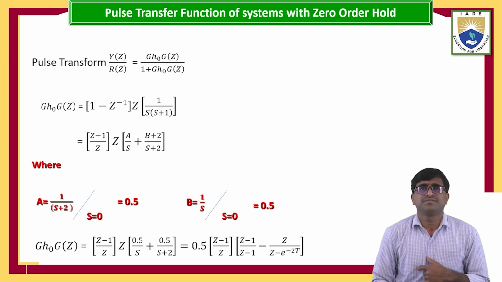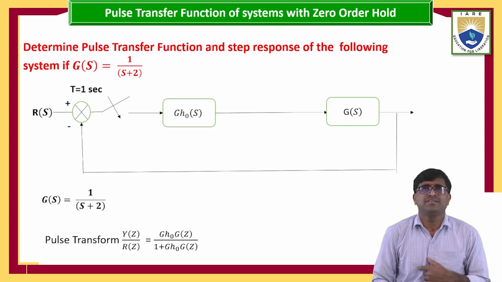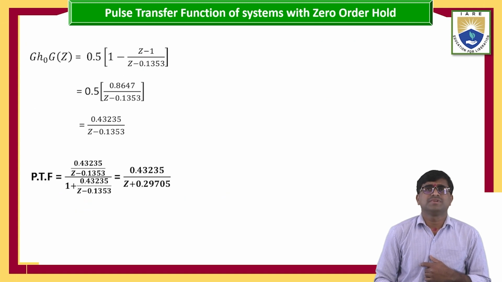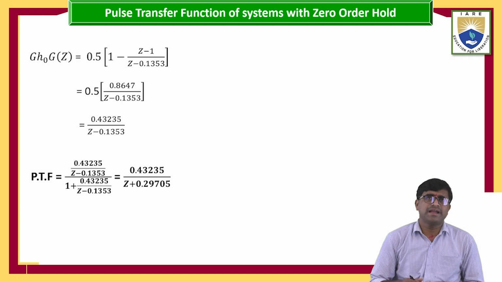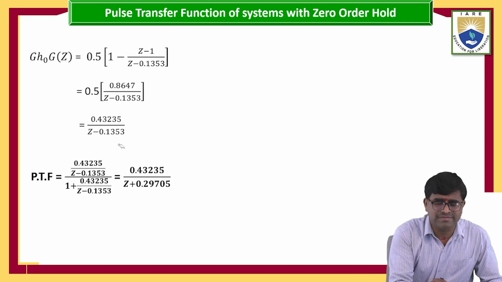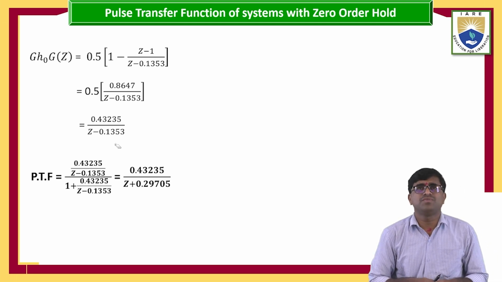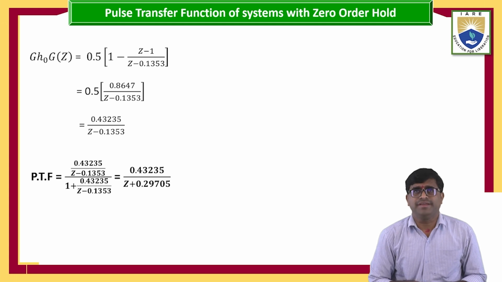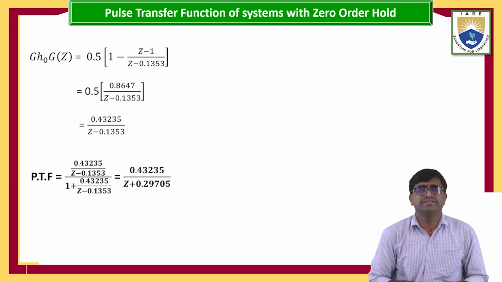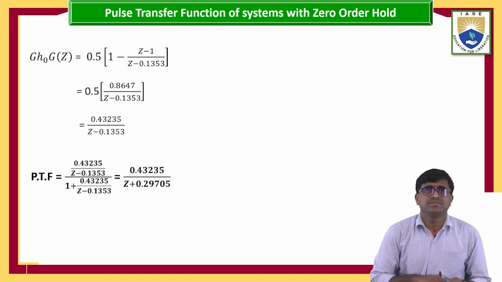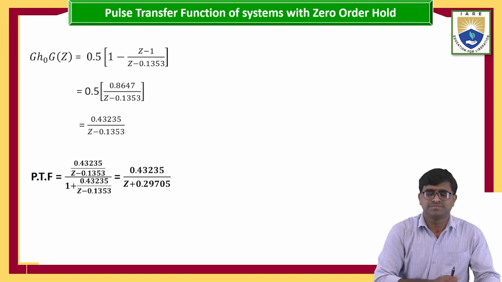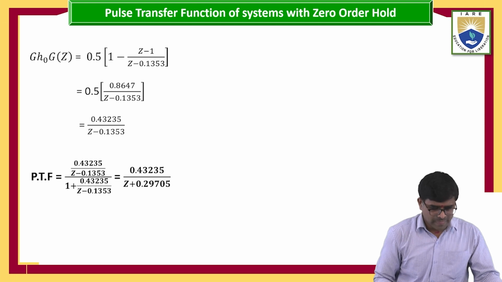If you take the LCM and find out, we got the final value as 0.43235 by (z minus 0.1353).